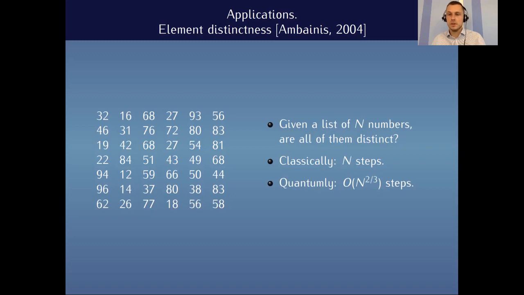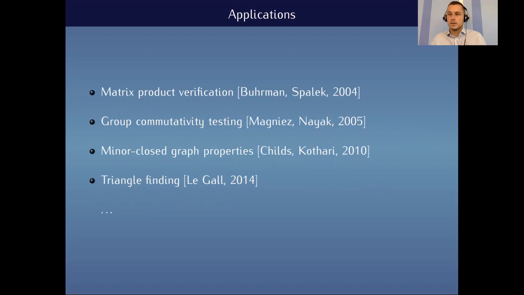Classically, we will need to take a linear number of steps to find the answer. And quantumly, applying a quantum walk on the Johnson graph allows us to find the answer more quickly. In element distinctness, this quantum walk-based algorithm is actually optimal in the number of queries made, and quantum walks have proven to be a useful tool also for many other quantum algorithms.